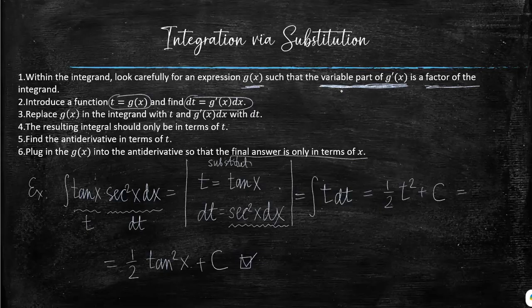This is crucial because later you will learn the integration by parts technique, and to an untrained eye, integration by parts and substitution may look the same. So clearly label what you're doing. If you're doing substitution, write down substitution. If you're doing integration by parts, write down integration by parts. But this is what a complete solution looks like.